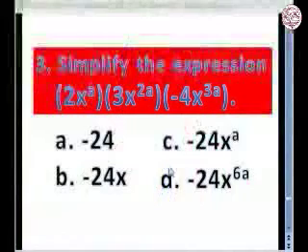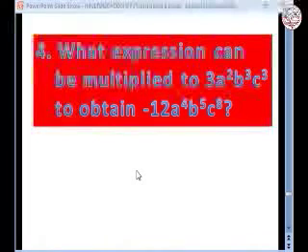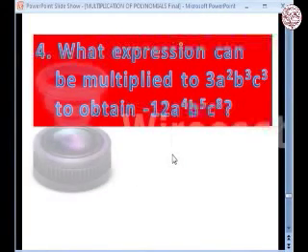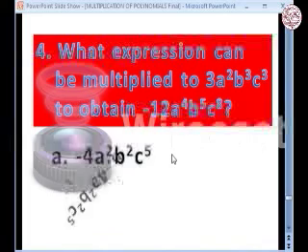Next question. This is the 4th question now. What expression can be multiplied to 3a squared b cubed c cubed to obtain negative 12 a raised to 4, b raised to 5, and c raised to 8? A, negative 4a squared b squared, and c raised to 5.